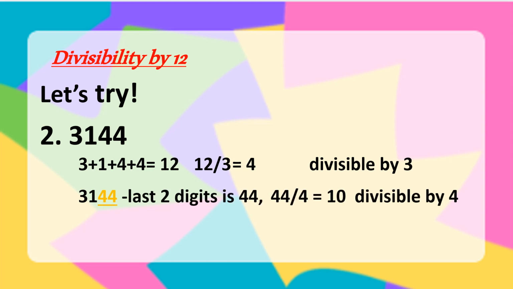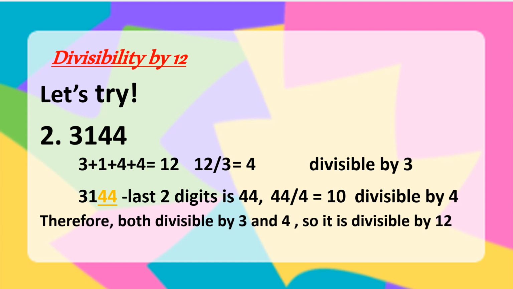Now, let's test if the given is divisible by 4 by looking at the last two digits, which is 44. So 44 can also be divided by 4. And that will give you 11. So therefore, it is both divisible by 3 and 4. So, 3,144 is divisible by 12.